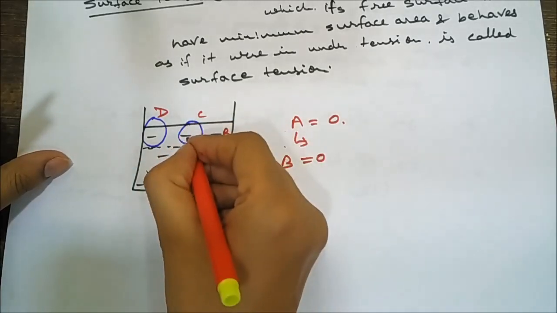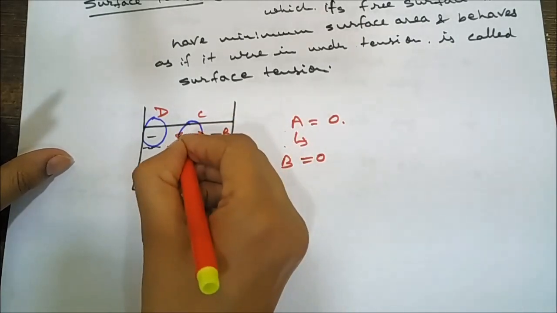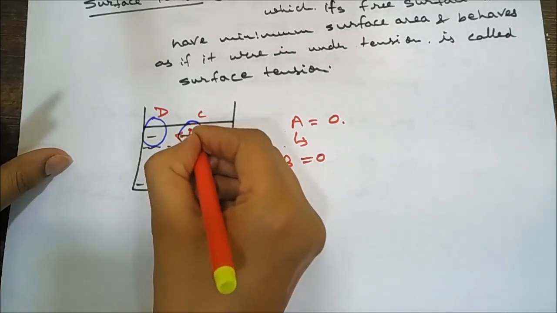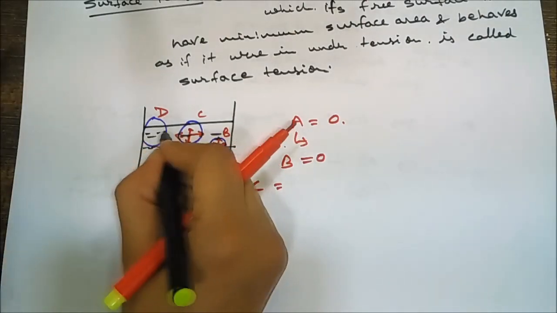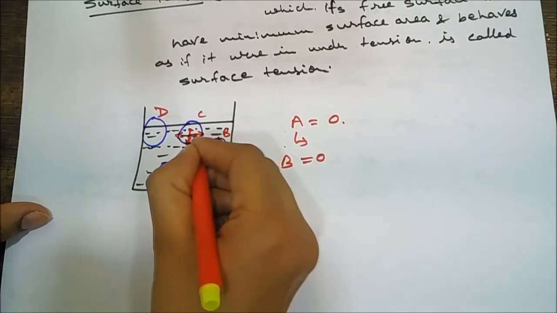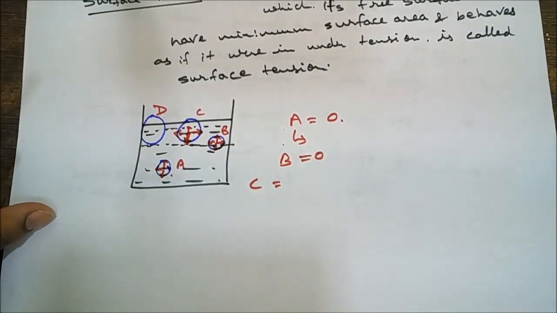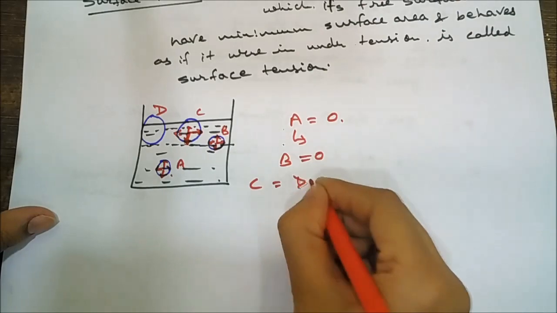Here a very small amount of force of attraction is on the upper side, so the total force of attraction is downwards, and it will experience a net downward force.